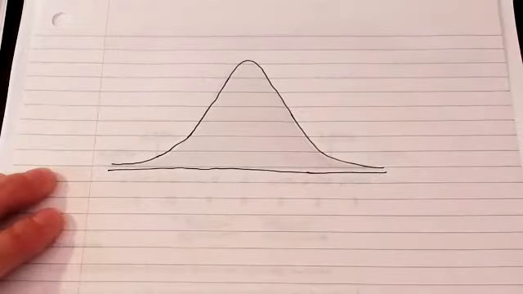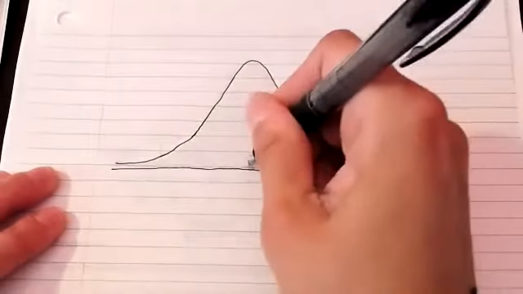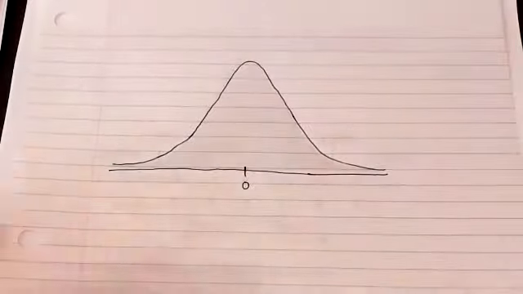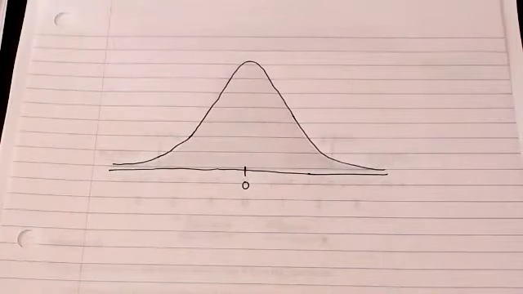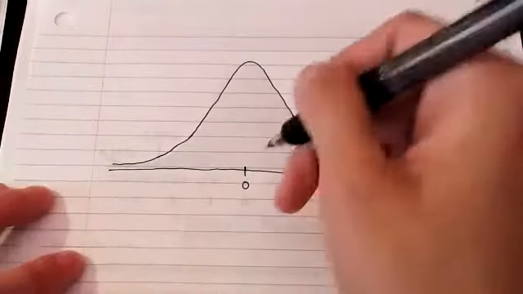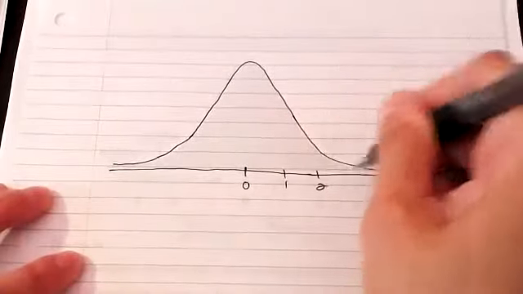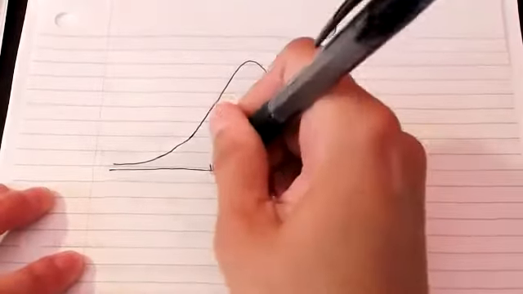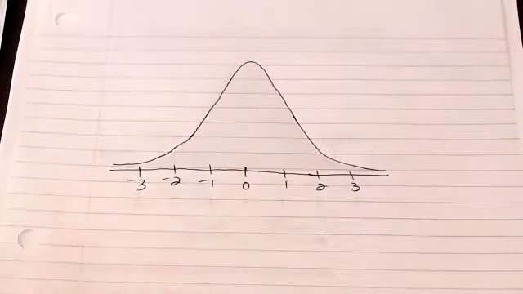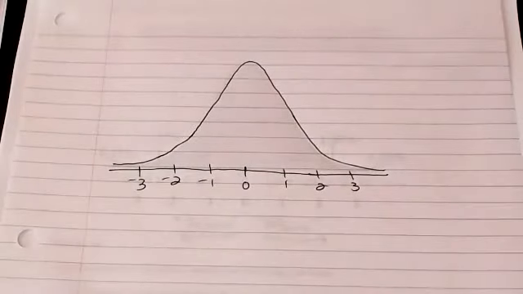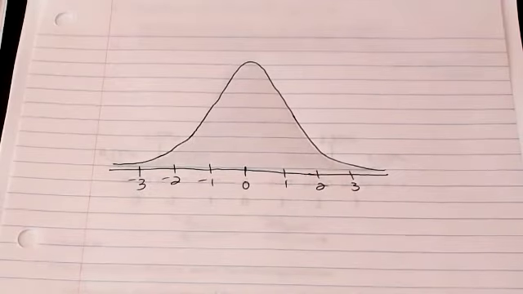Okay, it kind of looks like crap. The very center is always going to be 0. We're essentially writing our number line on the horizontal axis. So we're going to go up to 3 and down to -3. This is essentially what our normal curve will look like every time we draw it. I'm just going to give you a second to draw the normal curve.